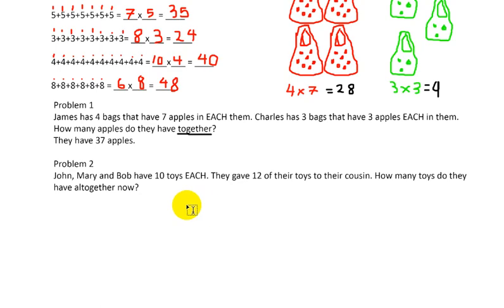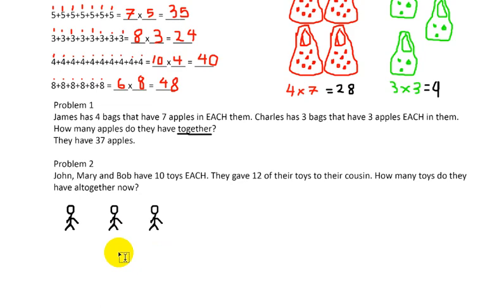Okay, well, again, let's draw this problem. Okay, so here's John. And we're going to copy John. This is going to be Mary. And this is going to be Bob.